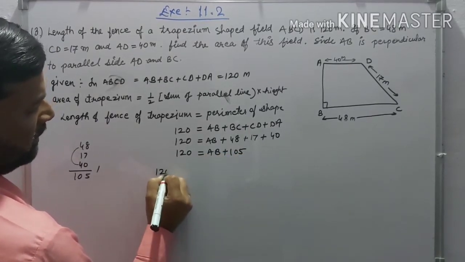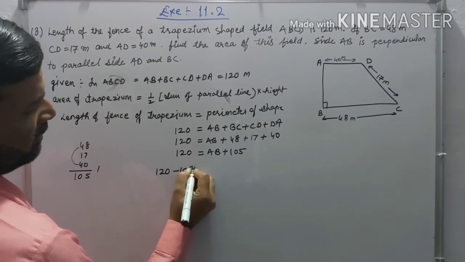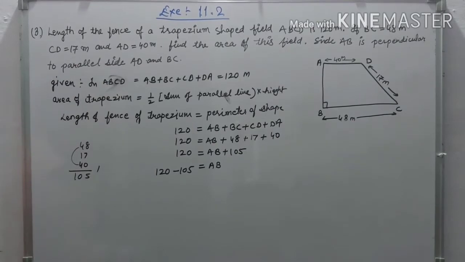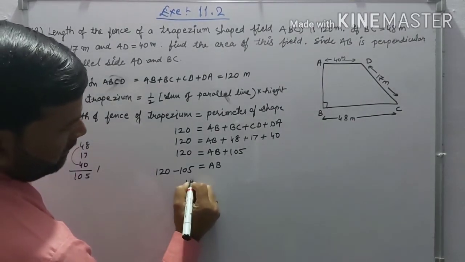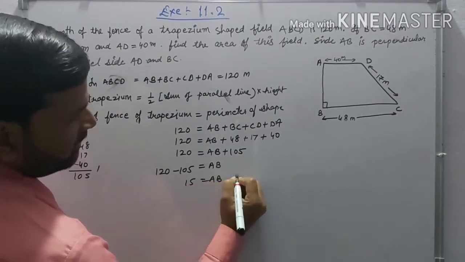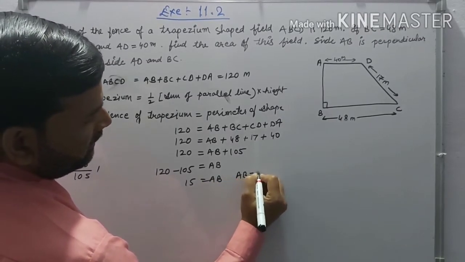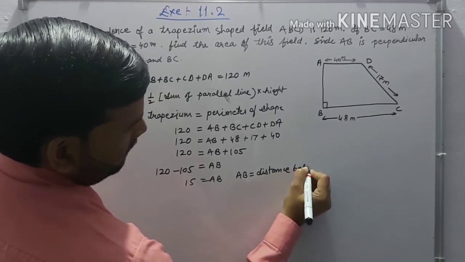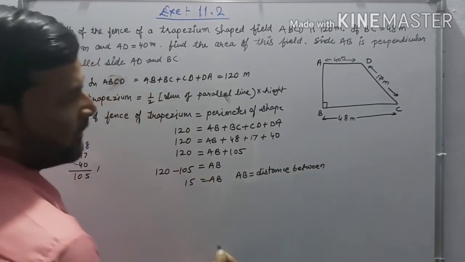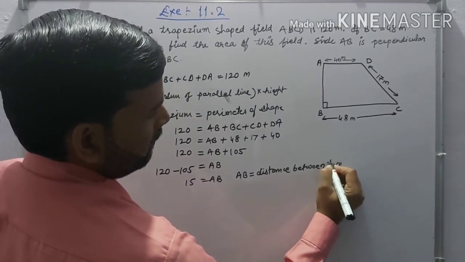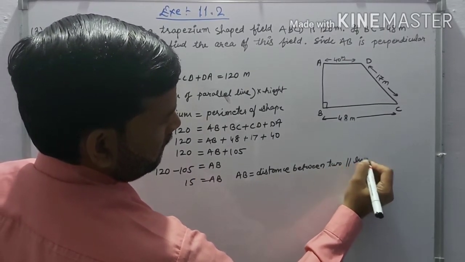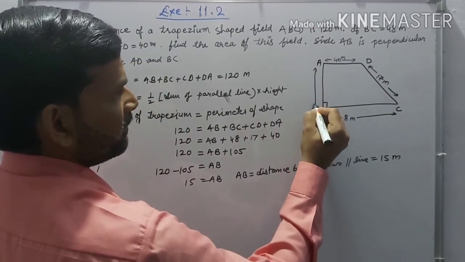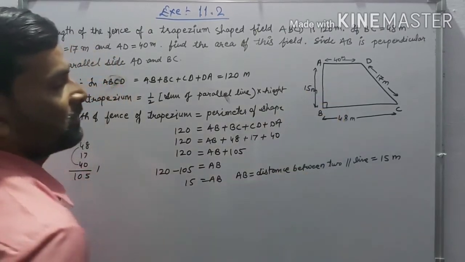Now 105 is transferred to the left-hand side, and 120 minus 105 is 15, which is the length of AB. It means the distance between the two parallel lines is 15 meters. The height we found is 15 meters.